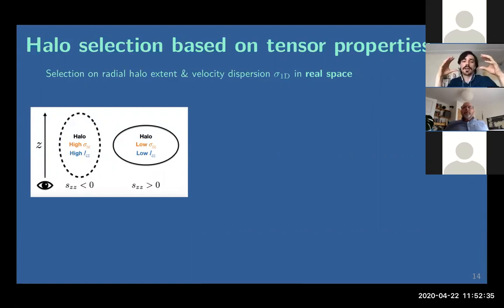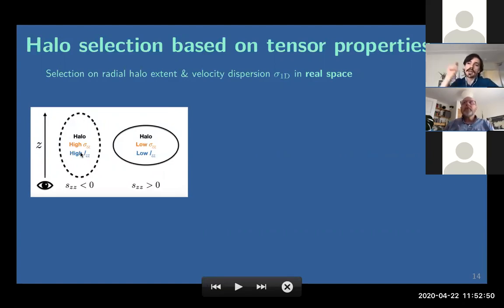Let's take halos that are aligned either like this, like the dashed line over here, or aligned perpendicular to the line of sight. The ones aligned along the line of sight will have higher velocity dispersion across the line of sight, and will have bigger extent along the line of sight. They will also have the tidal field component negative, right? So this will be important. And vice versa for these other halos.